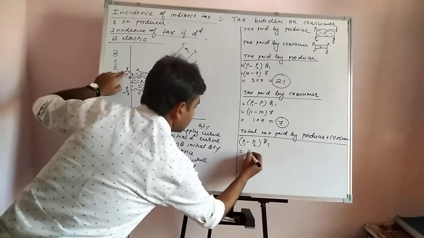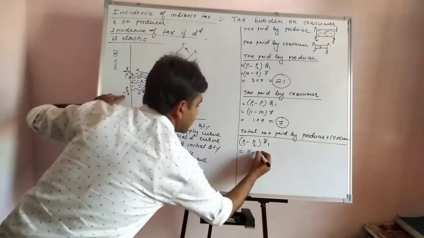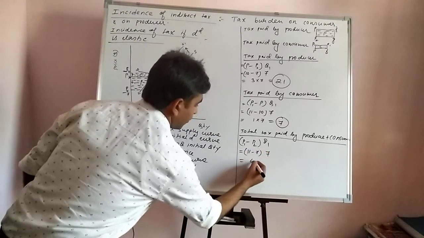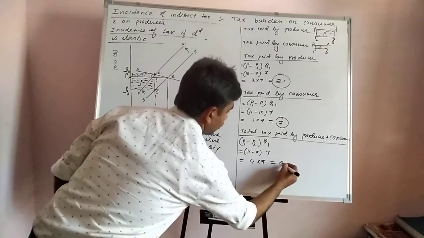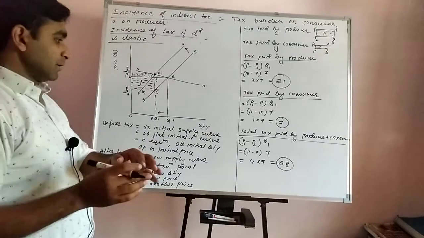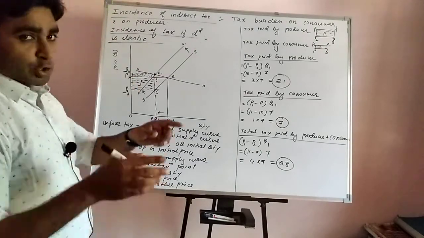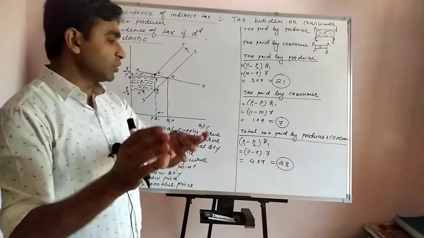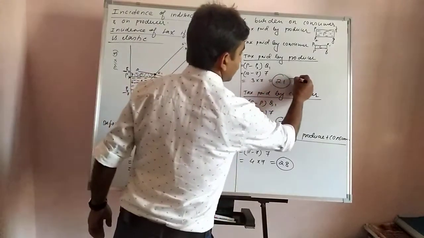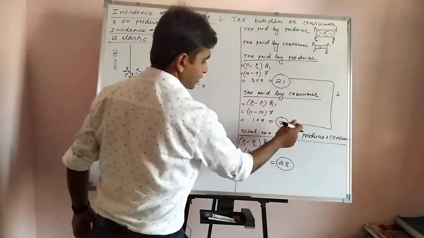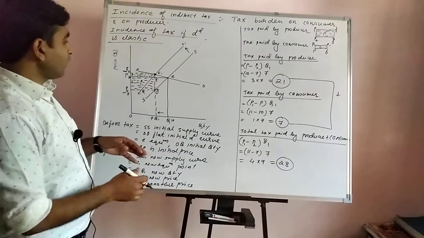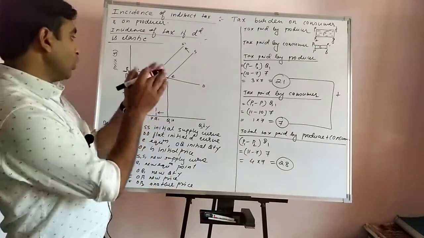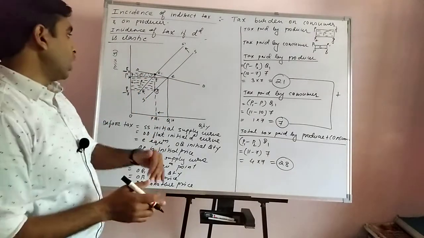We have 11 minus P2 value 7, Q1 we have 7. So how much we got? 4 into 7, 28. So total tax paid by producer and consumer together is 28. So total tax burden is how much? 28. Consumer plus producer. You can add this value 21 and 7. You will get 28. So this is the case of when demand is elastic, incidence of tax will be more on producer and less on consumer.